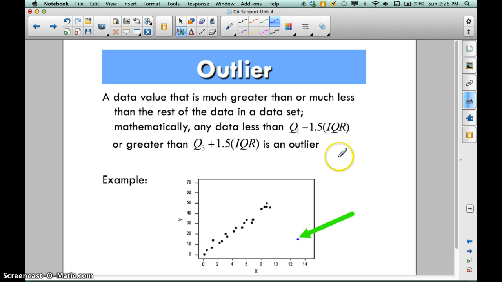So what we're saying is you take the interquartile range, multiply by 1.5, and you can't go that much smaller than quartile 1 to the left of the box, or more than that much bigger than quartile 3 to the right of the box, or it's an outlier. I know that sounds confusing, but once we practice it together, it's really not going to be too bad.